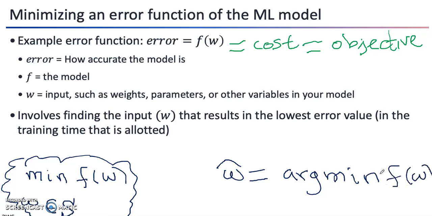This means that when f is evaluated at that value of w, with w ranging over some domain S, then f attains a minimum value, an optimal value. And that's what we would consider the best or optimal model.